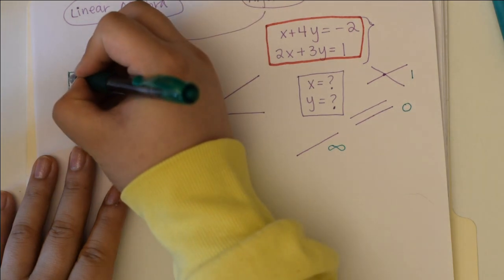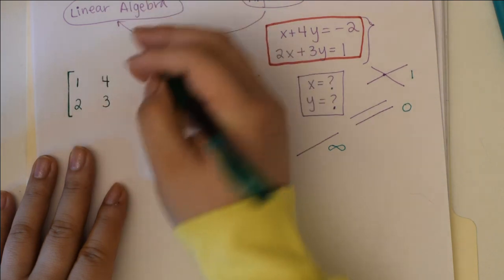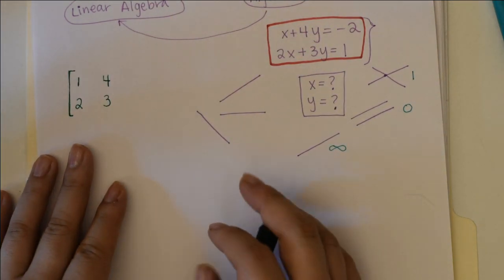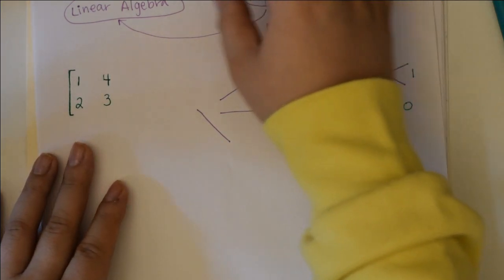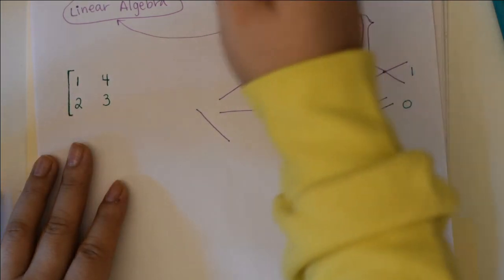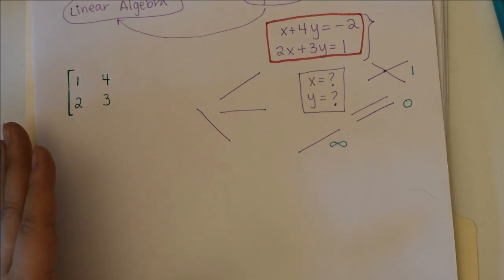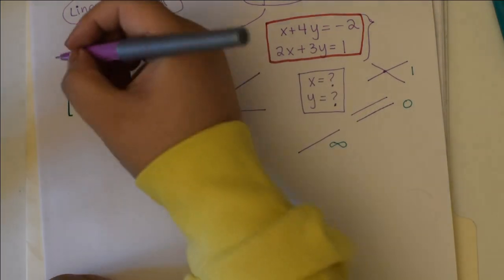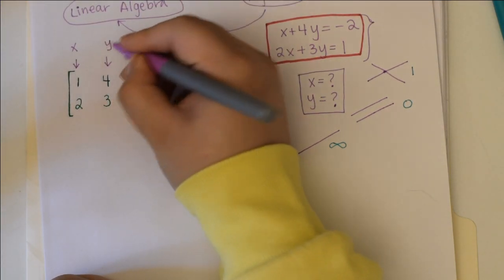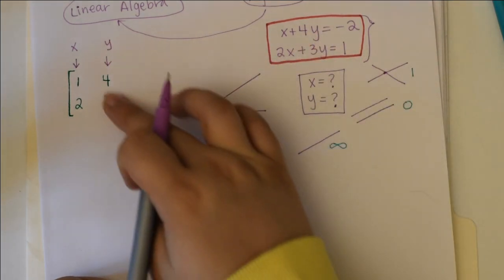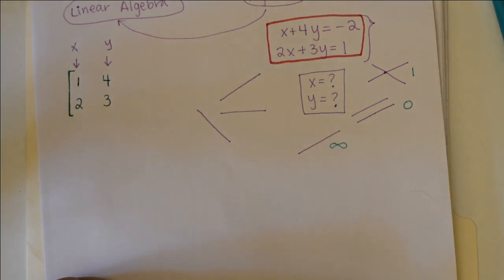Okay, so this bracket represents our matrix, an open bracket. We're going to close it off here, but I'm going to write it like this because, notice, as long as we keep everything nicely lined up, this column is x, this column is y, the coefficients for y, 4y, 3y, and x and 2x.